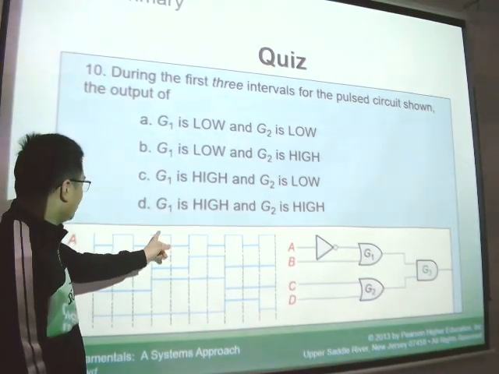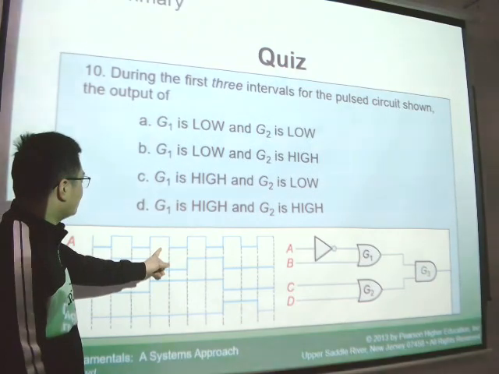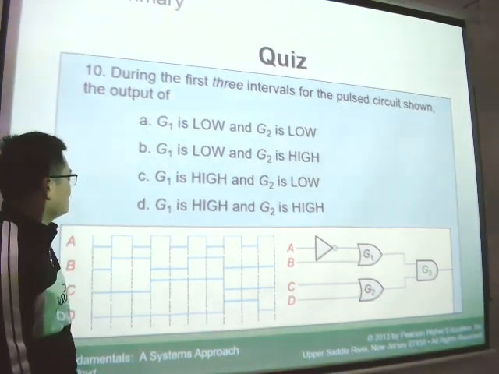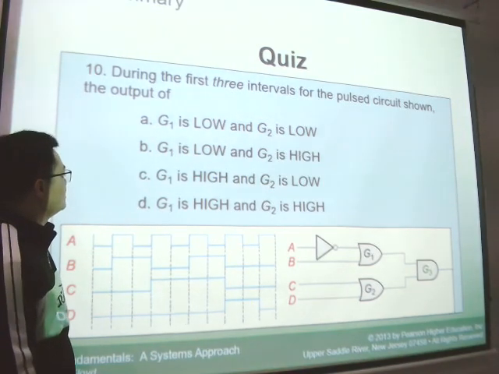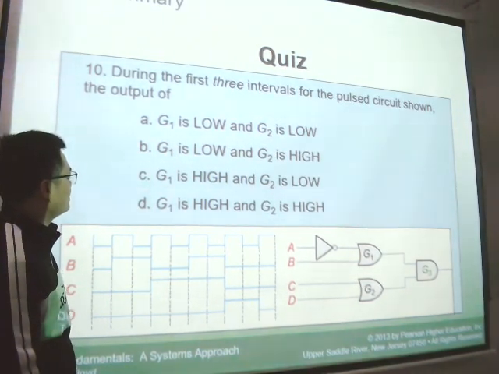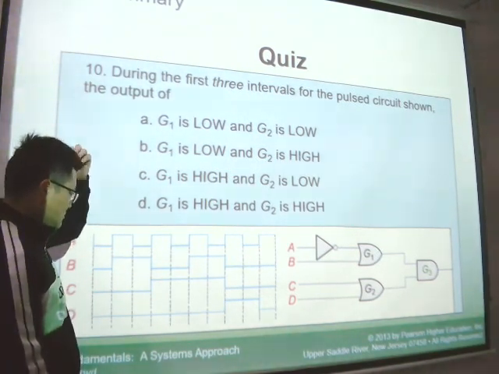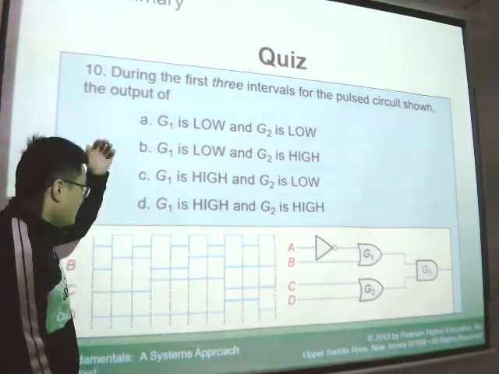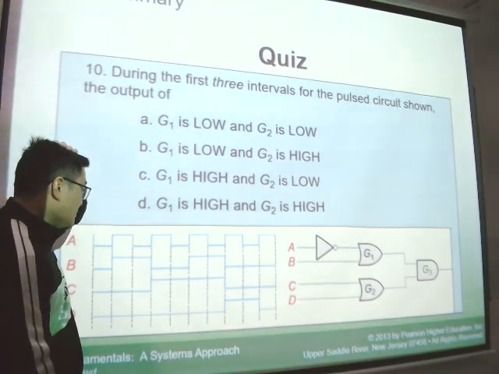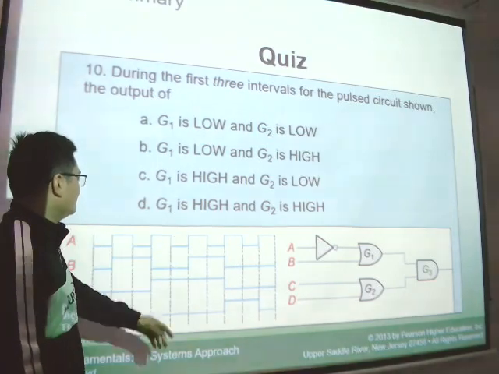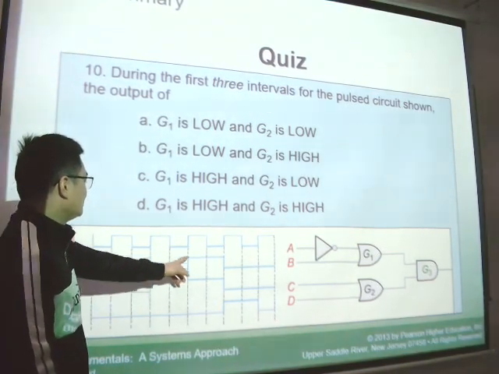For this interval, A bar equals 0, B equals 0, so 0. G1 is high, G2 is low.